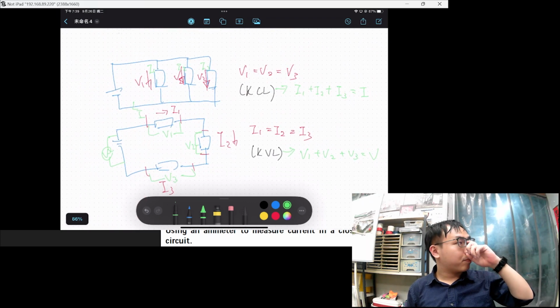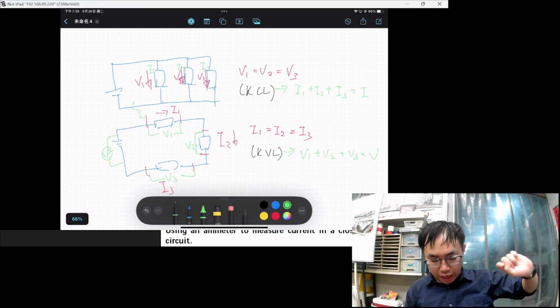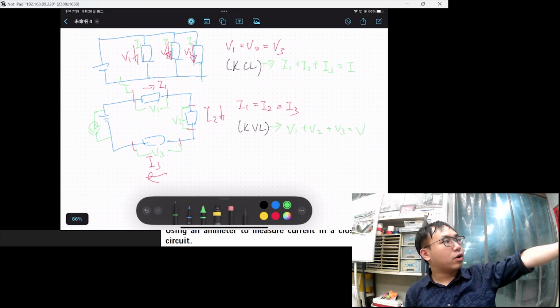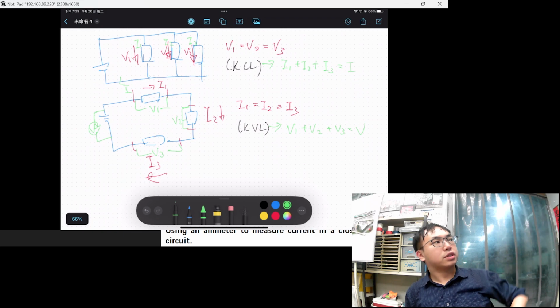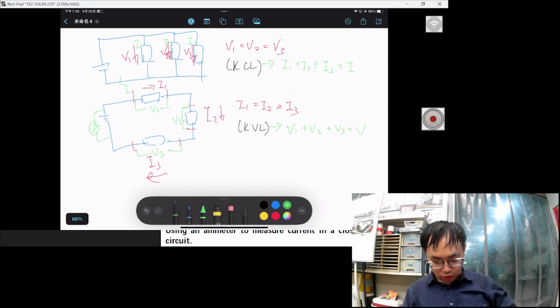If you can't remember the name, just remember that voltage is constant in a parallel circuit, and current is constant in a serial circuit. Why this works is because of Kirchhoff's current law and Kirchhoff's voltage law.